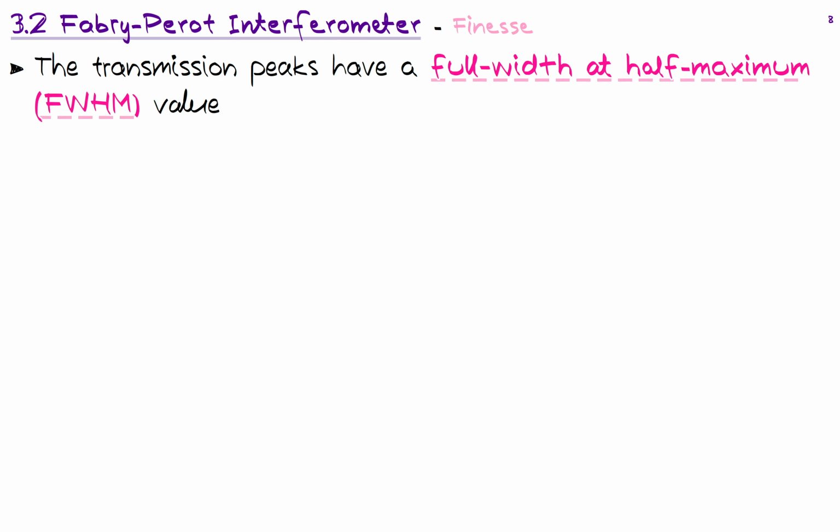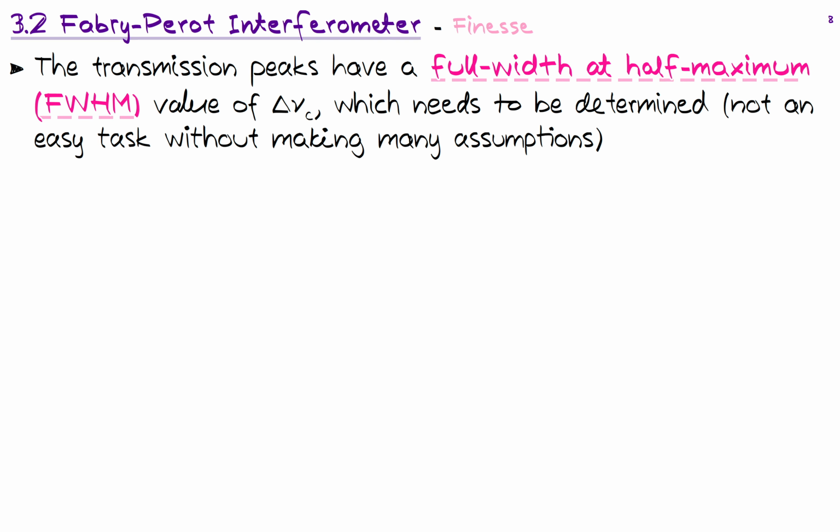So transmission peaks have a full width at half maximum, FWHM, value of delta nu C, which now needs to be calculated. This is not a trivial thing to do without making many assumptions, but let's make those assumptions so that we have a simple mathematical way of describing the finesse of our cavity.